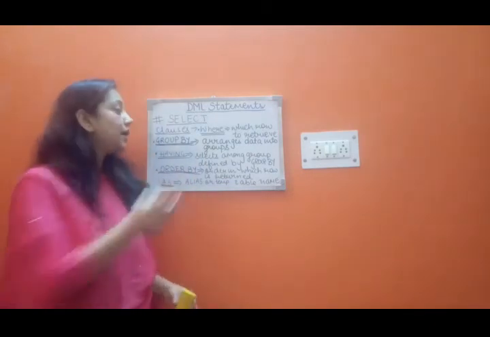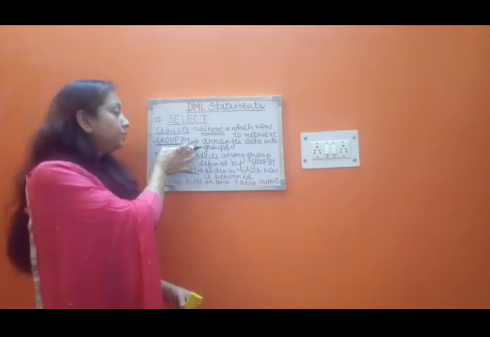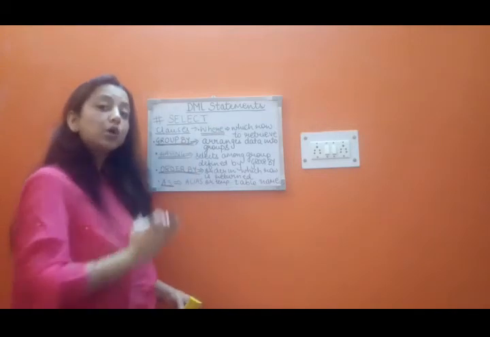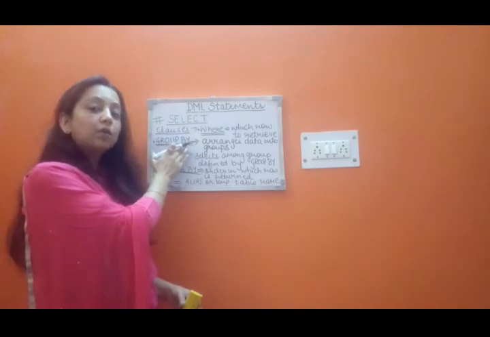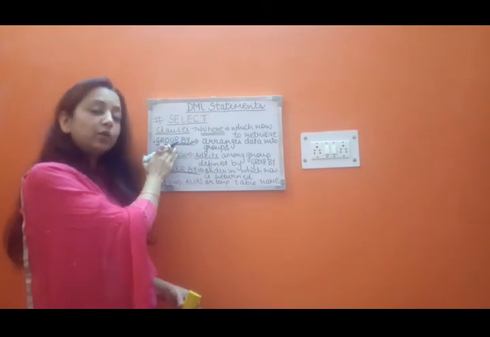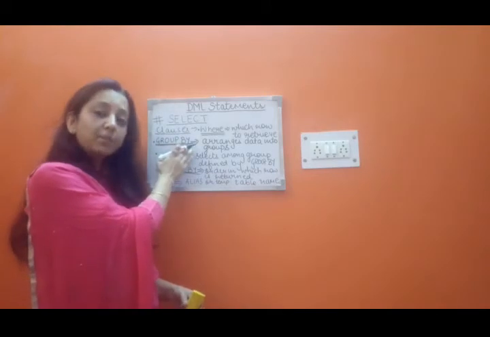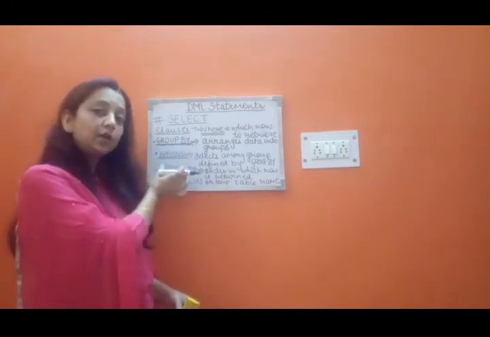So in that case, we can use the clause group by. Group by clause basically segregates the data into various groups. So if you want to view the data course wise, if you want to view the data class wise, if you want to view the data department wise, how will you do that? Using the group by clause.